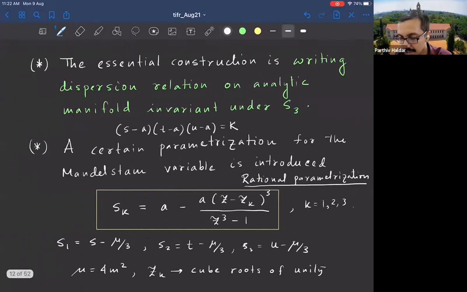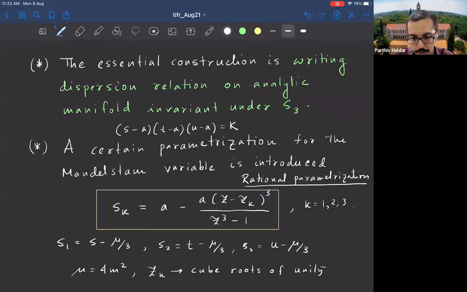What do you mean? Spurious branch singularity. So what you would like to write down is a dispersion relationship. In the intermediate step, when you derive the crossing symmetric dispersion relationship, you would like to write a dispersion relationship in Z. So that's how you start.